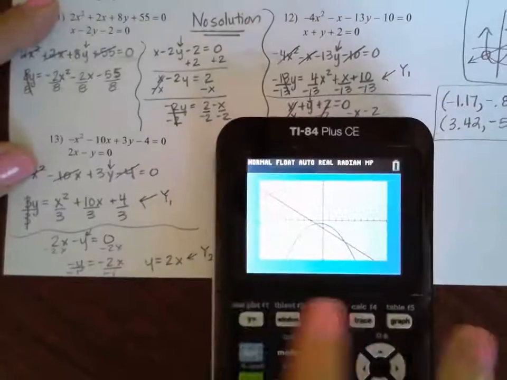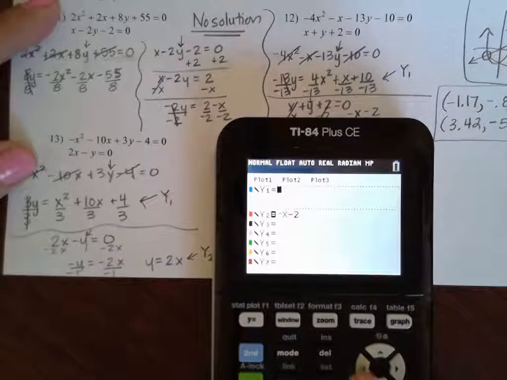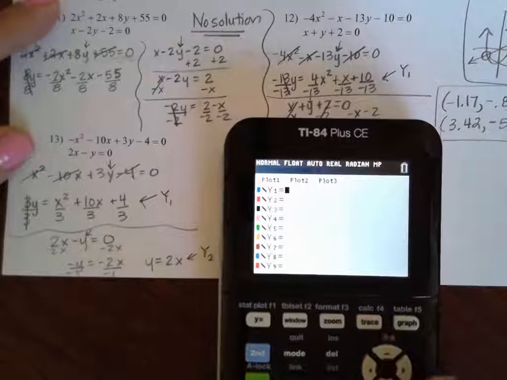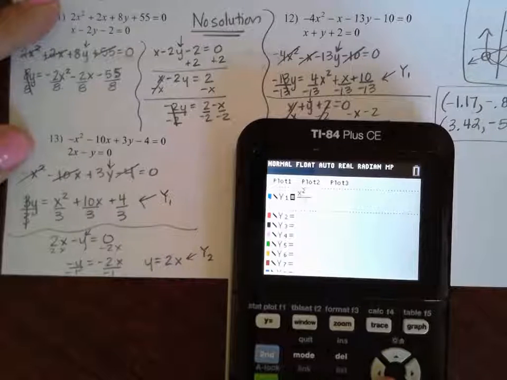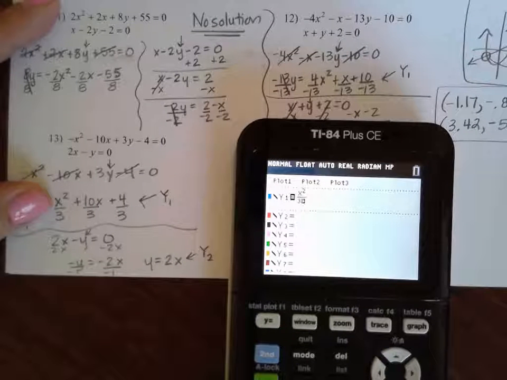Now we need to graph them. So go to your y equals. Alpha y equals x squared over 3 plus alpha y equals 10x over 3.